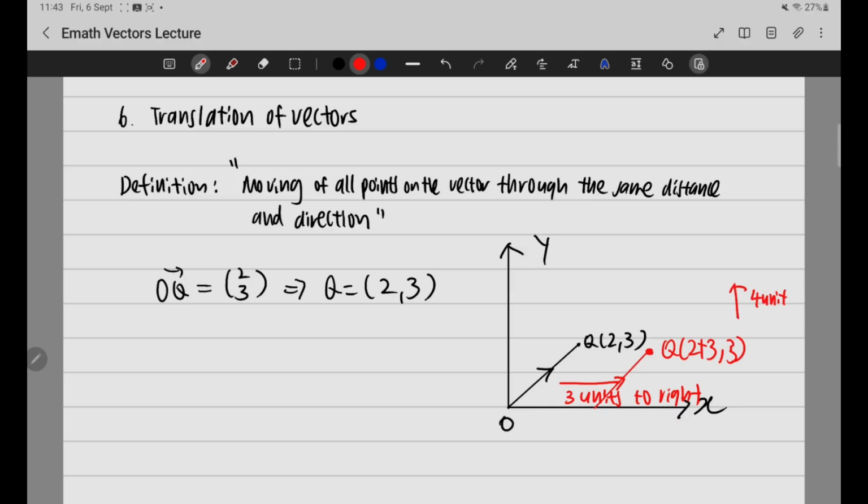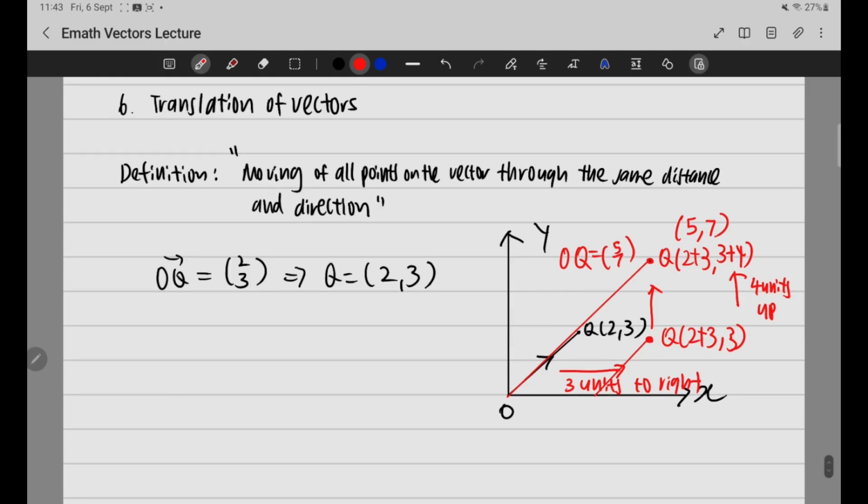So this one will come here. It becomes (2 plus 3, 3 plus 4), so this one becomes (5, 7). So what does this mean? Now the position vector OQ becomes (5, 7).